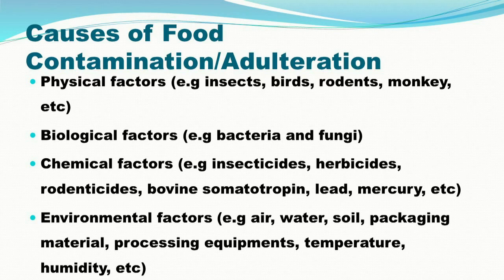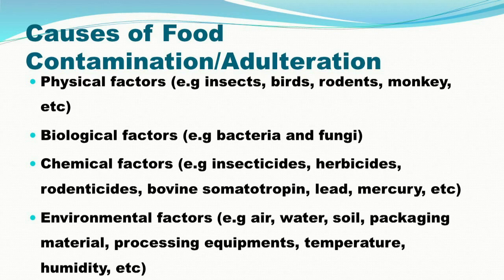Examples of physical factors are insects, cockroach and housefly, birds, rodents, monkey, etc. Biological factor. Biological factors are those factors that act on our food when kept for a long time. Example, bacteria and fungi.